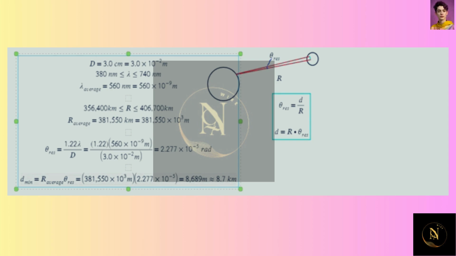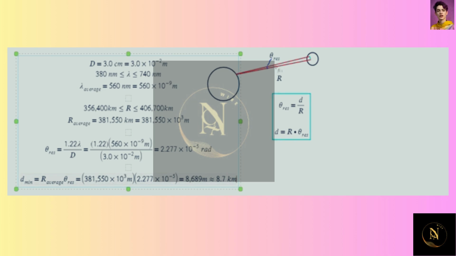And depending on what you use for the separation between Earth and Moon, here we're using this quantity, you're going to get a different answer, but it should be on this order, approximately 8.7 kilometers. So that means from Earth's surface with a telescope of this diameter, you can resolve objects that are at least this close to one another, 8.7 kilometers.